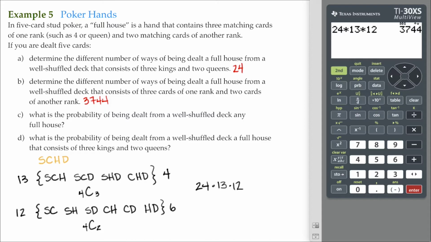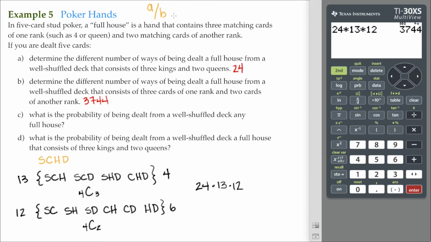Now C says, what is the probability of being dealt from a well-shuffled deck any full house? Well, there's 3,744 different ways of being dealt a full house. So what's the probability of that occurring? So of course we know that A over B, A is our event. That's what this is, the 3,744. We want B, and of course B is the size of our sample space.